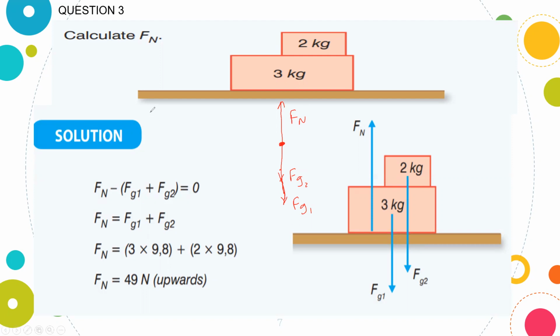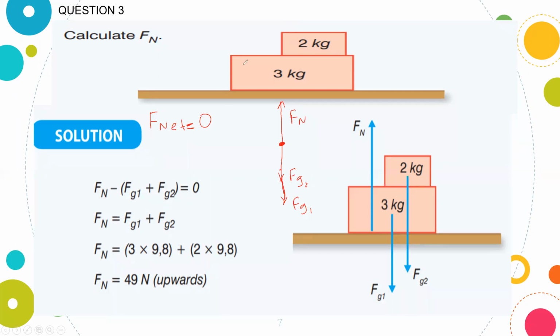So first of all, what are we writing, people? F net equals 0. How we know that? Because objects, they are not moving. F net formula is F normal minus Fg1 plus Fg2.